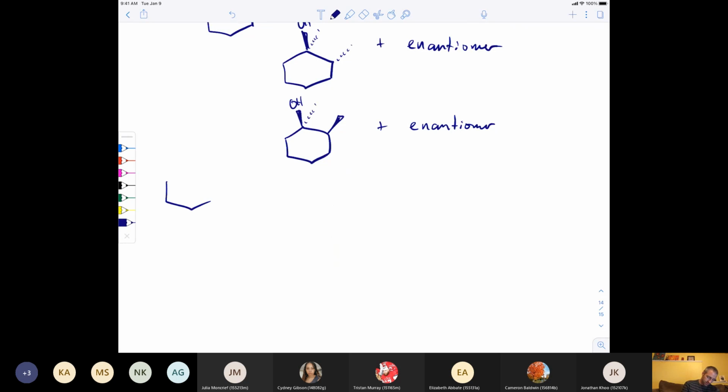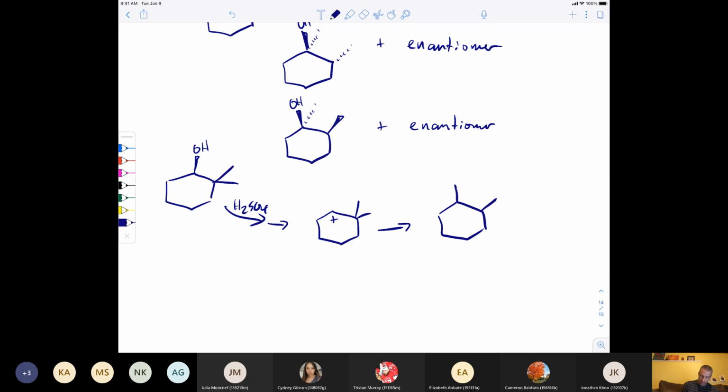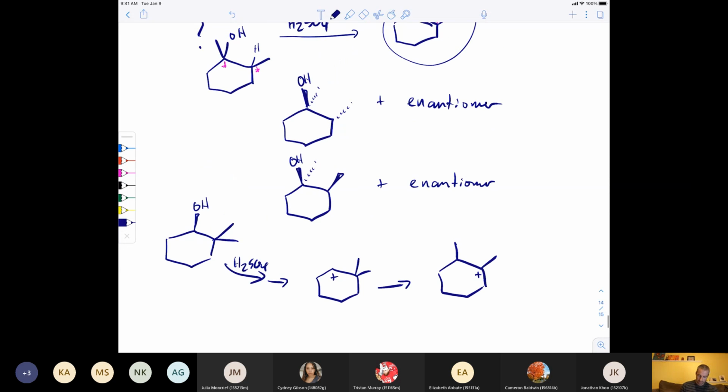Before I leave it, you really want to get creative. How about that? So that, with H2SO4, will give us eventually, in 2 steps, this carbocation, which will rearrange to this carbocation, which will go to that.